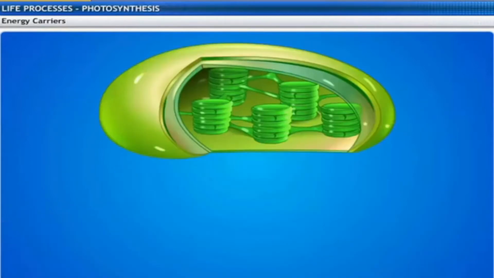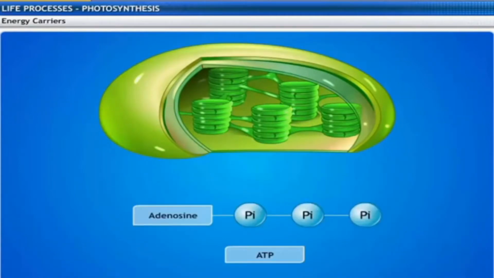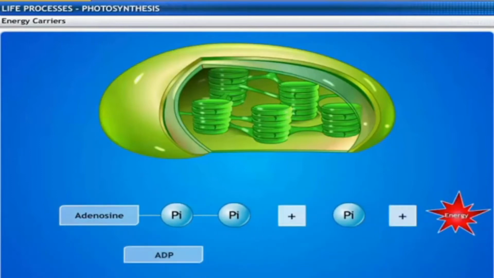The energy carriers involved in photosynthesis are ATP, adenosine triphosphate, which acts as an energy carrier. The third phosphate group in ATP breaks up, releasing ADP, phosphate, and energy.